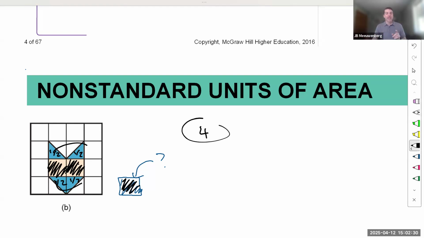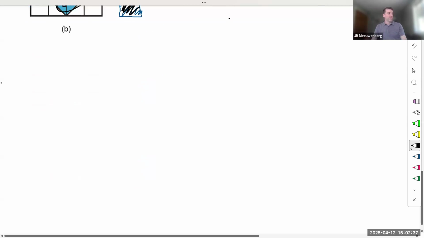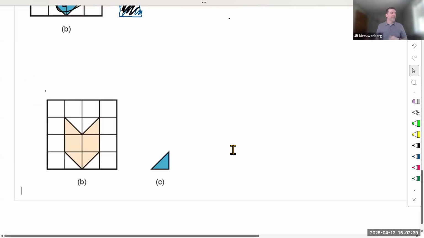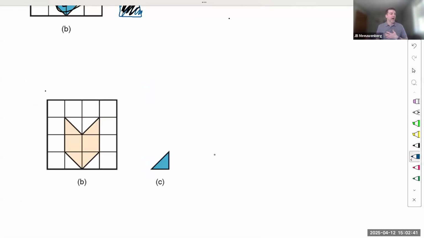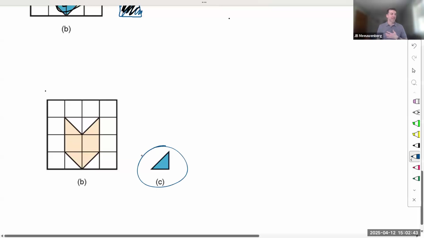Now, what if we change that? Instead, let me redraw this. What if we asked how many of these does it take to cover this figure? Take a moment to do that. Now we're measuring in these triangles.